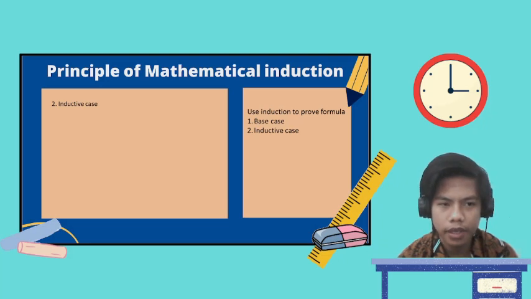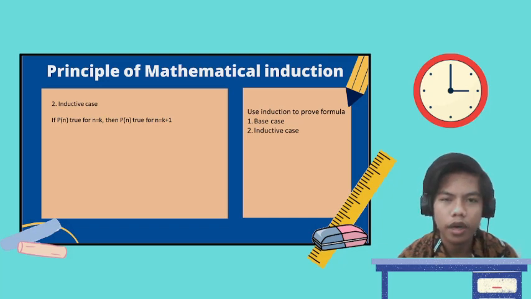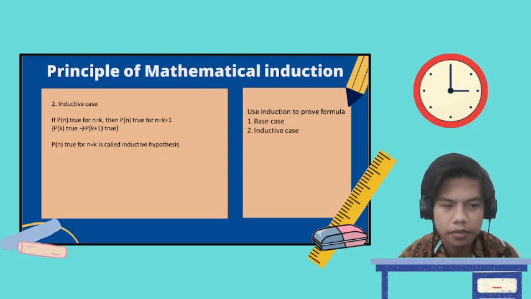So in the inductive case, if P(n) is true for n equals k, then P(n) is true for n equals k plus 1. And in mathematics, we can write that P(k) true, so P(k plus 1) true. And P(n) true for n equals k is called the inductive hypothesis.